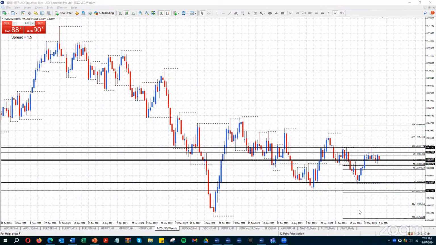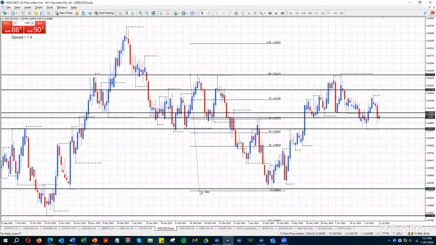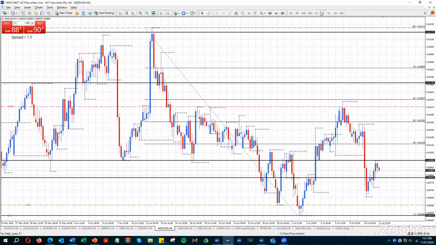So we can certainly run down that way if interest rates are going to get cut. And we have seen this week a 62% failure rally back up. So this range here, we've had a 62% rally. And then a sell-off with the interest rate decision.